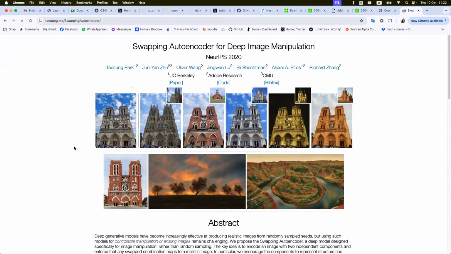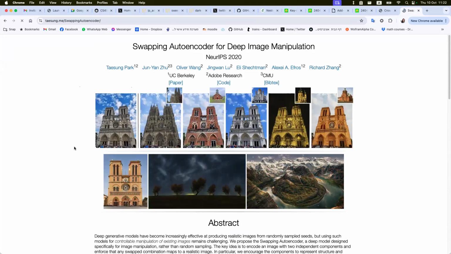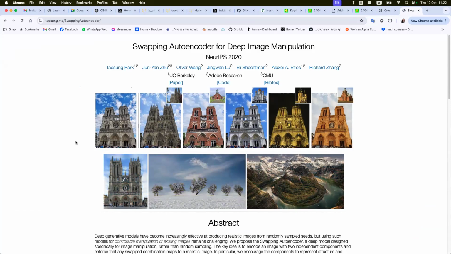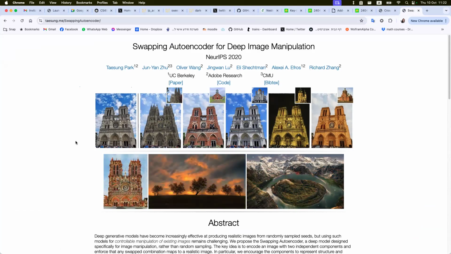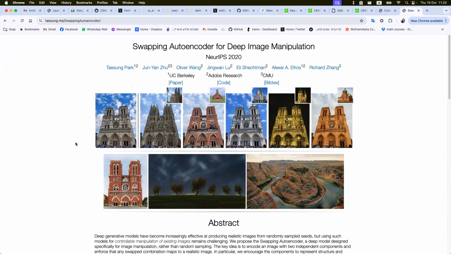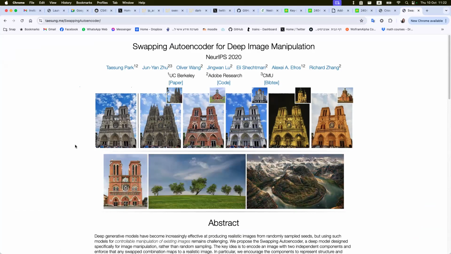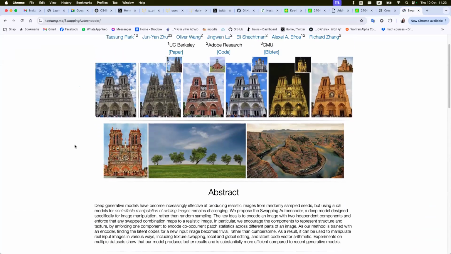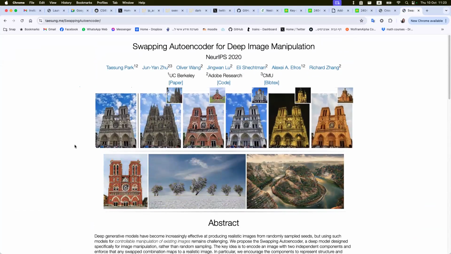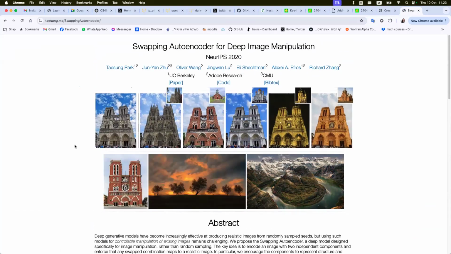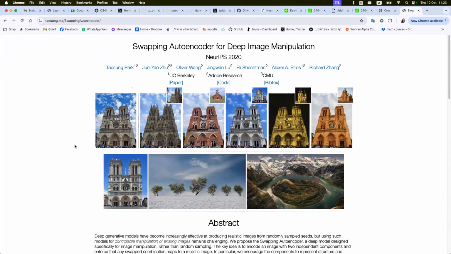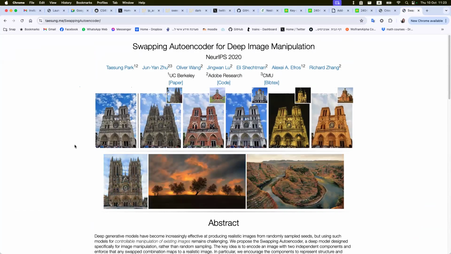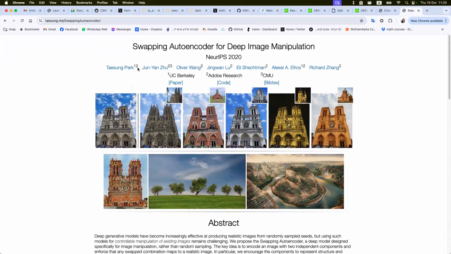To give you some feeling of the results, you can see the inspiration in our results on the churches. This is a relatively older work using GANs, and here they do this appearance transfer without any use of attention layers.